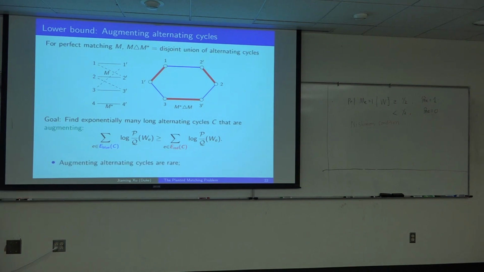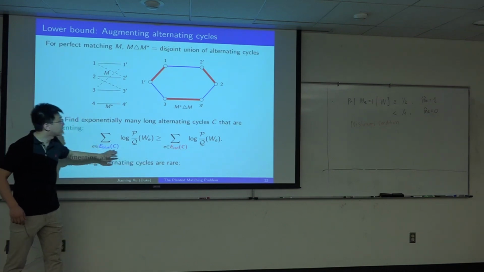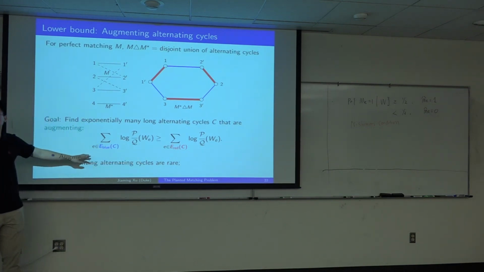Okay, let me show you some computation, at least to tell you a little bit about where the difficulty is. One thing is that the augmenting alternating cycles are rare, okay? Because for this to happen, we know that this is a small probability event, right?